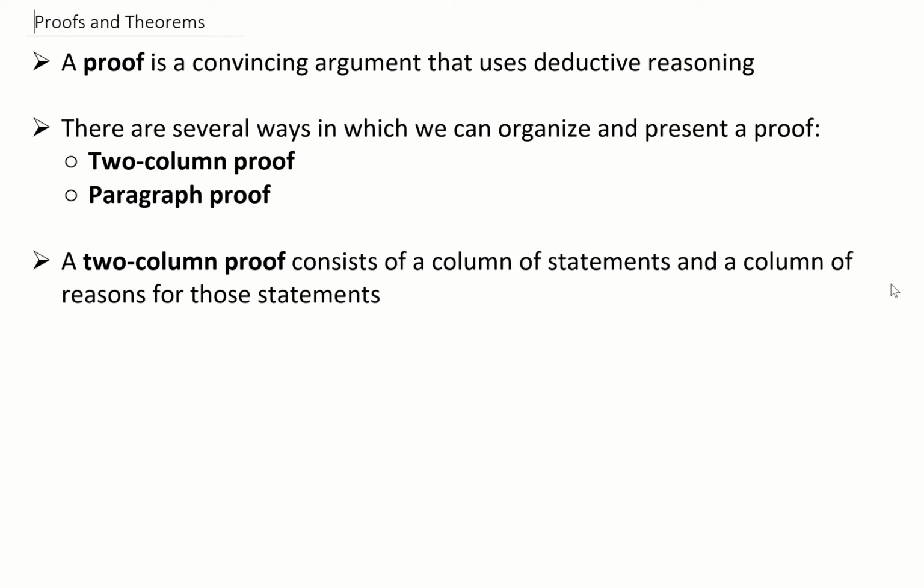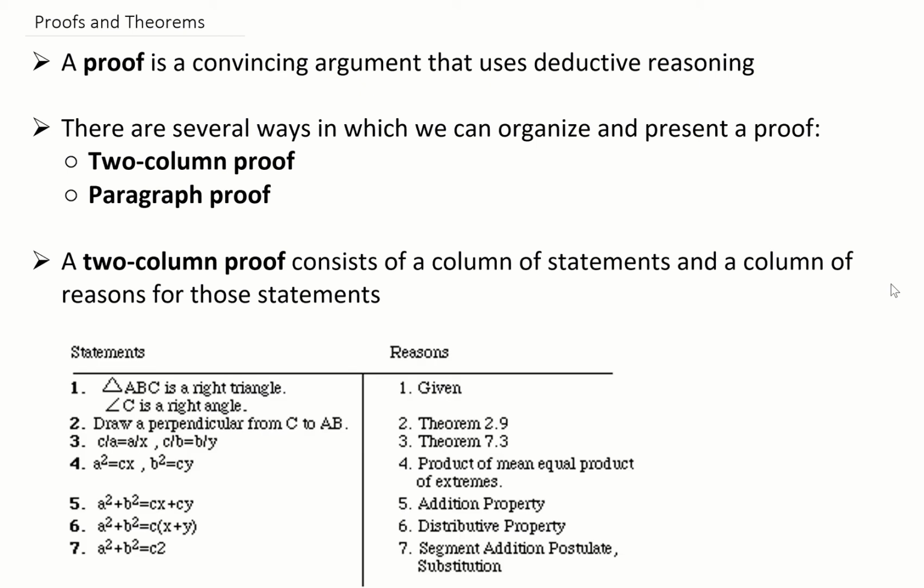The statements are the prior truths that we know, and the reasons column is why we use those statements. Basically, putting a bunch of statements and reasons together is going to lead to the final conclusion or the proof. This is an example of how a two-column proof looks.